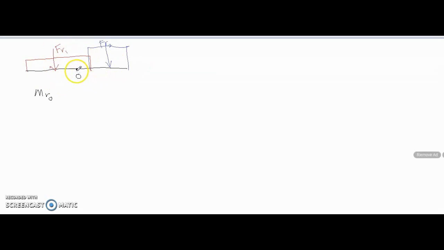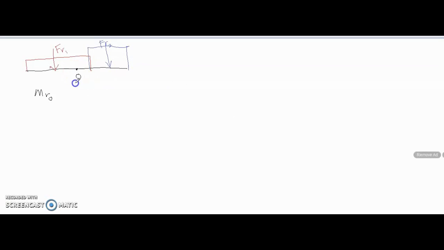If the pin is here, then one rotation is over here and another one is here. So it goes like this, because the moment is about point O. To get a moment, you need to multiply a line of action with the force.